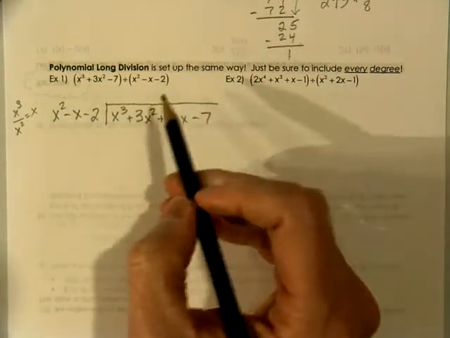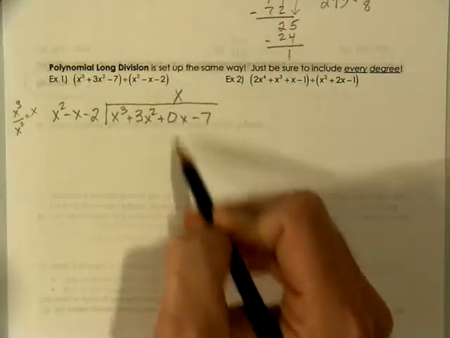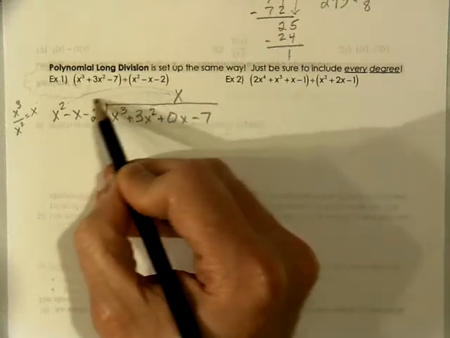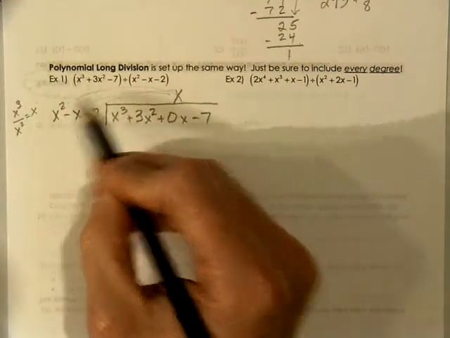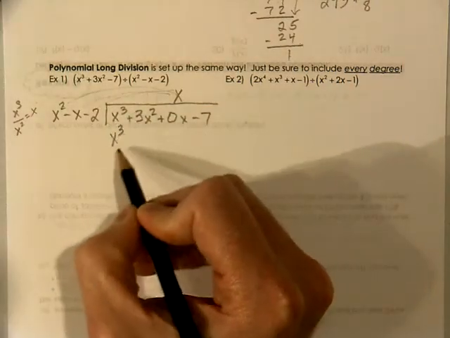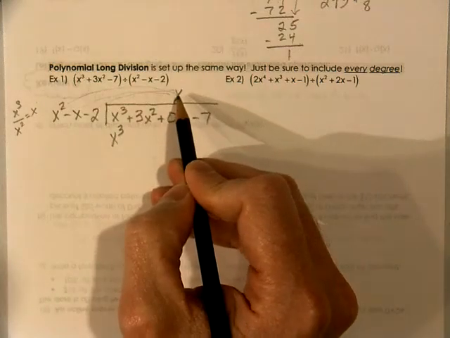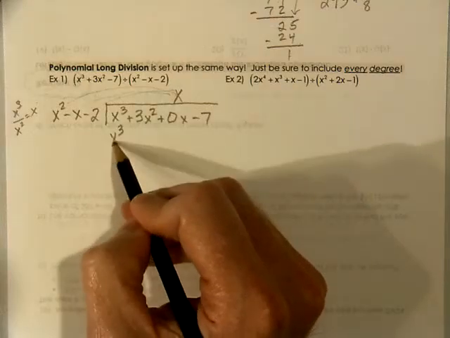So we're going to put an x above, in the x column. Then we come across and we distribute that back in. So x times x squared, we add the exponents to get x cubed. We're supposed to get exactly the same term. That's why we chose to use x there, because we wanted to see how many times this goes into that.